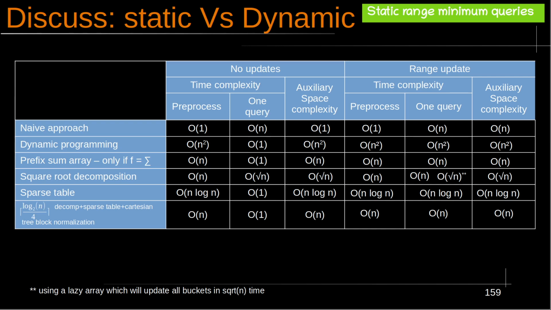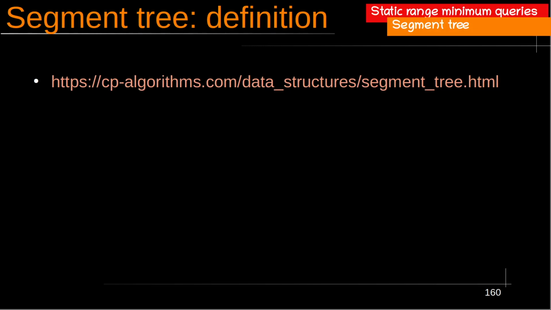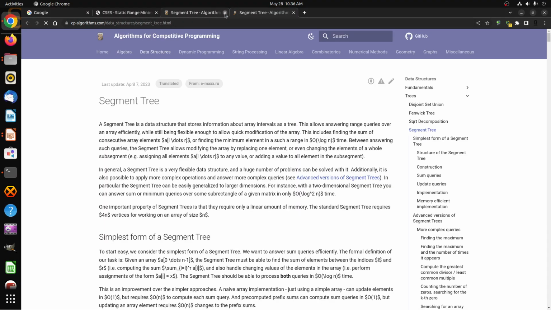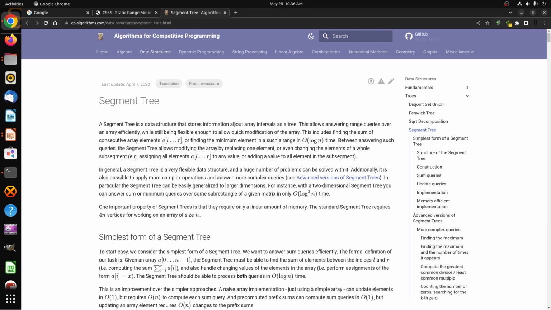The first technique that we're going to see is a very well known technique, which is the segment tree. You can see the definition here. I will take the definition from this site, cp-algorithms.com. A segment tree is a data structure that stores the information about array intervals as a tree.